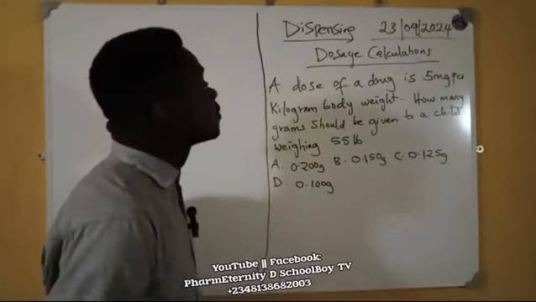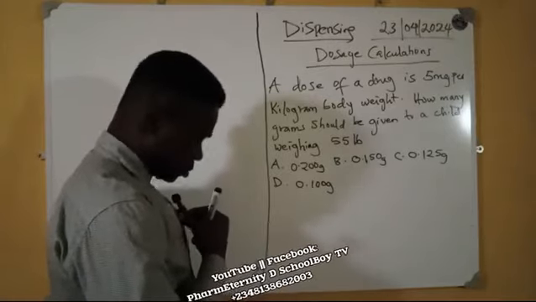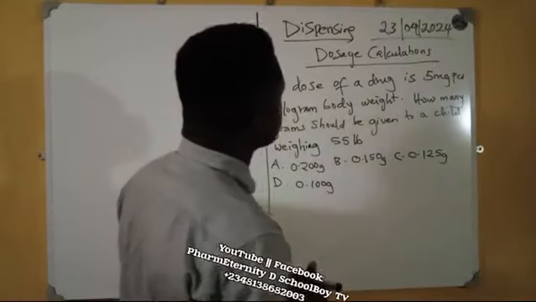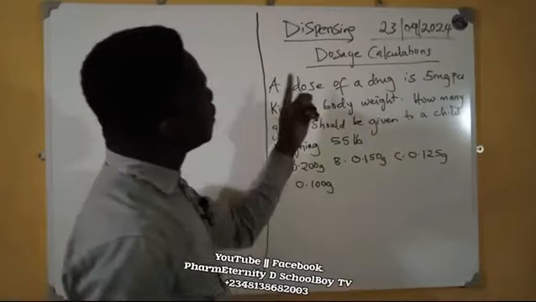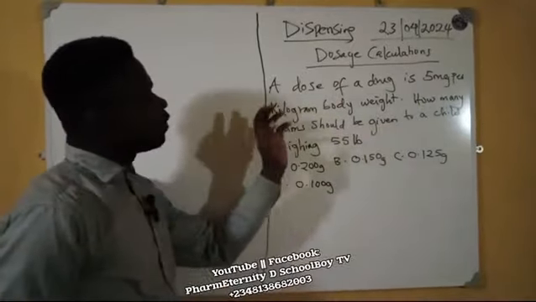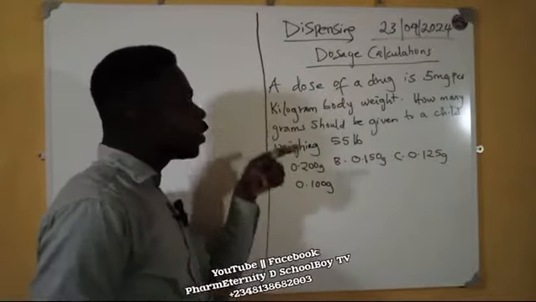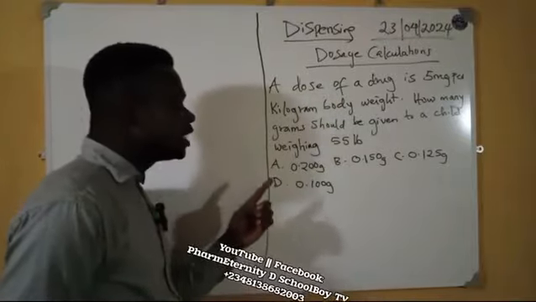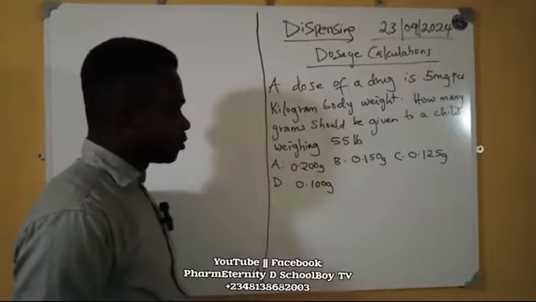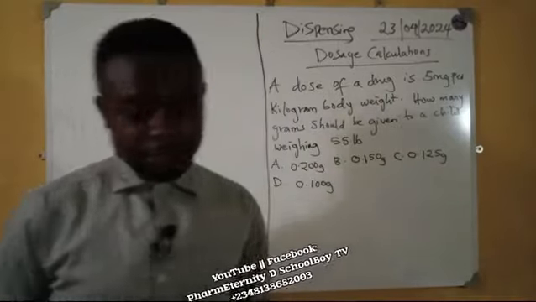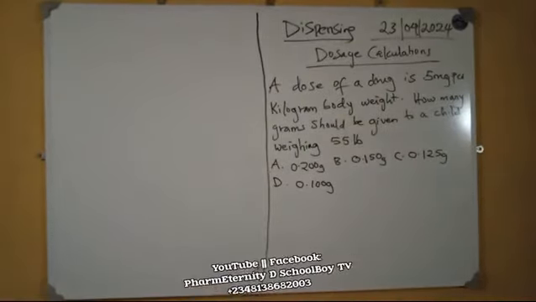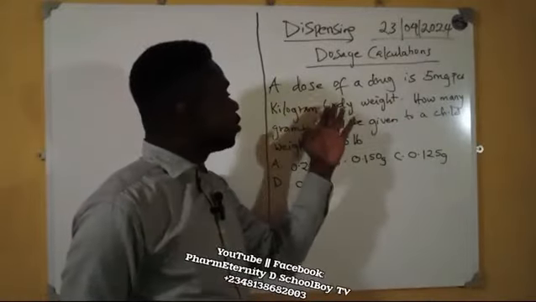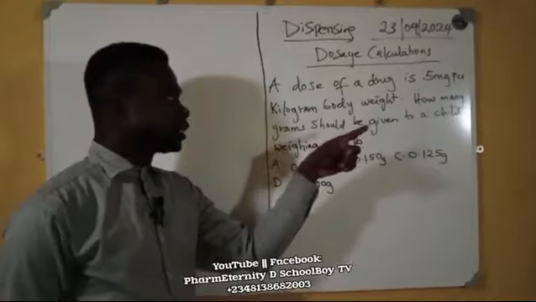The question says, a dose of a drug is 5 milligrams per kilogram body weight.